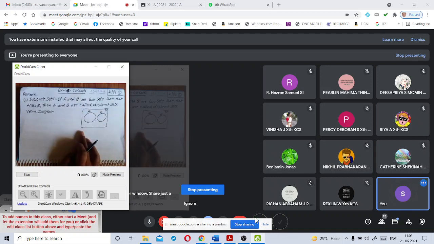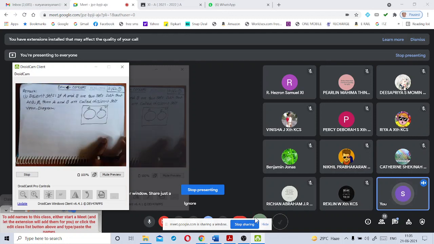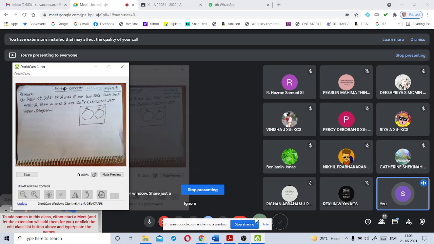There is no common area for these two sets. So this is called disjoint sets. If there is no element in common for both the sets A and B, then A and B are called disjoint sets. Okay, my children.